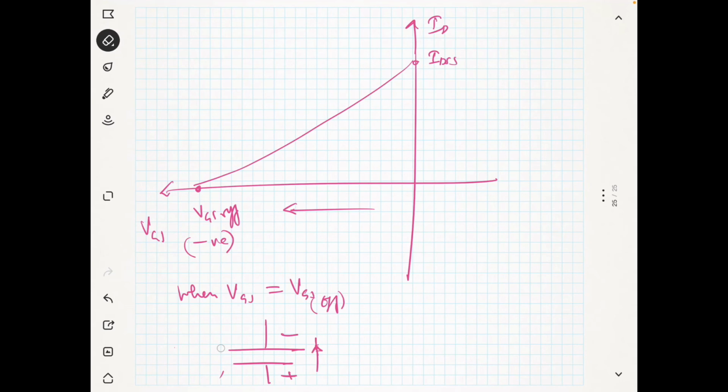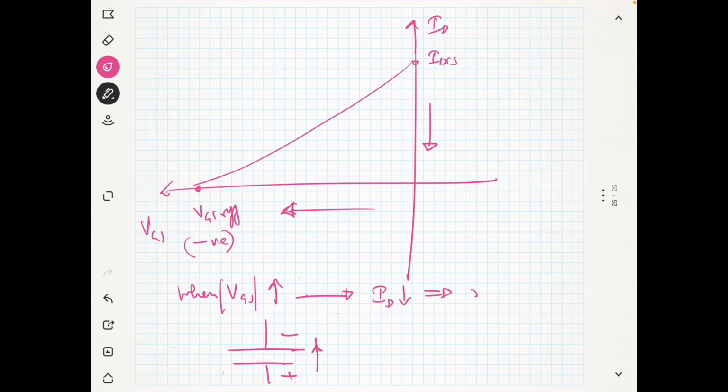Because of this reason, whenever it reaches VGS off, when the magnitude of VGS increases, this will lead to a decrease in the current. You see, when it reaches here, the current is decreasing. So the drain current will decrease.